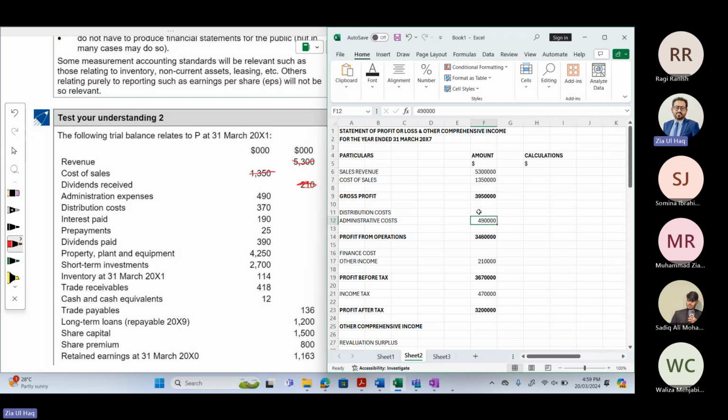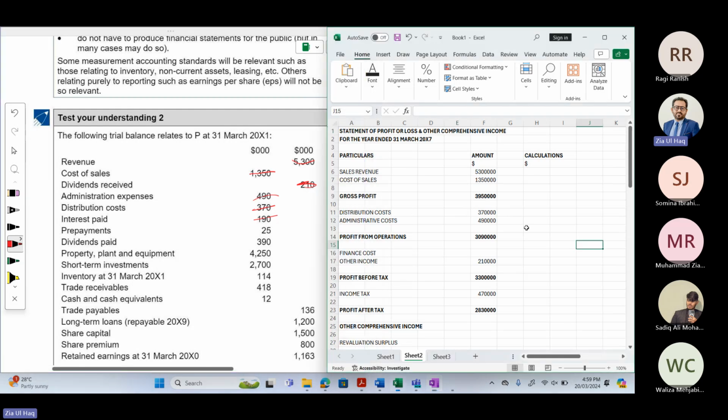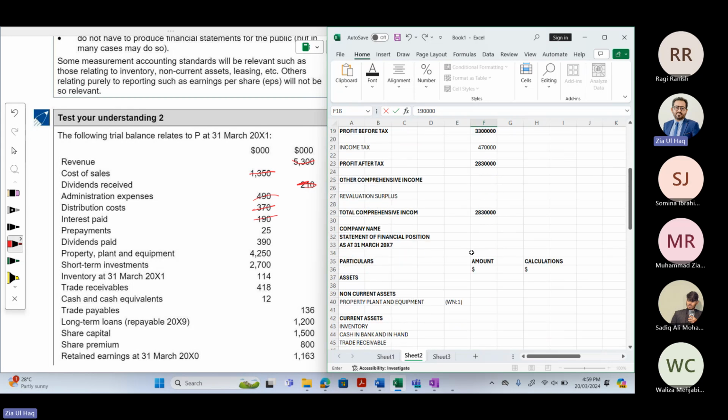Distribution cost 370,000. Done. Interest paid 190,000, finance cost 190,000. Okay, prepayments 25, current assets.